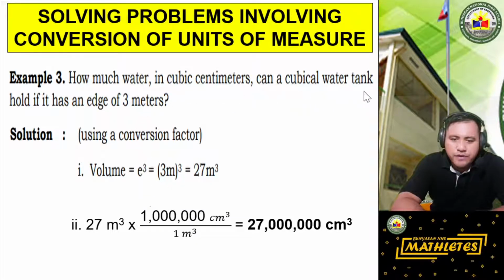So, if the edge of the water tank is 3 meters, we have 3 meter raised to the power 3, that is 27 cubic meters. So 27 cubic meters, we are going to convert that into cubic centimeter. So 27 cubic meters times 1 million cubic centimeter over 1 cubic meter. So that makes 27 million cubic centimeters.